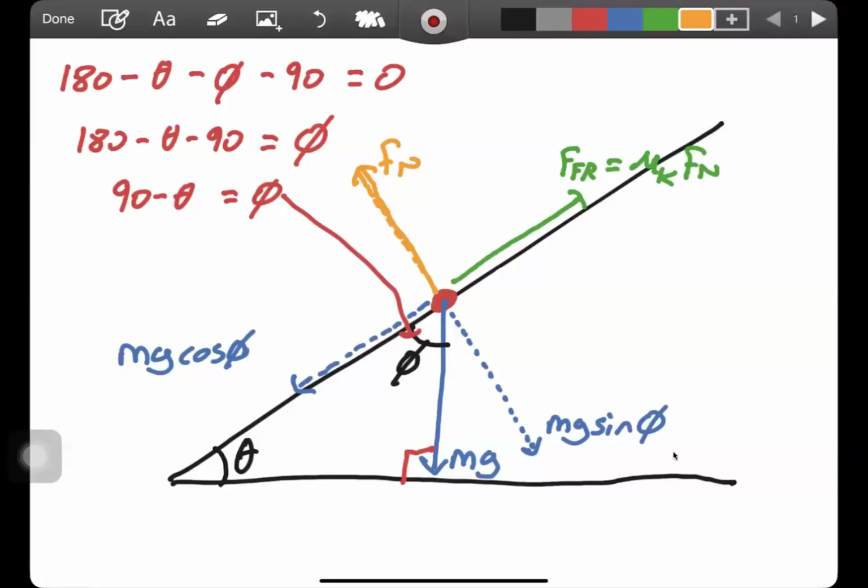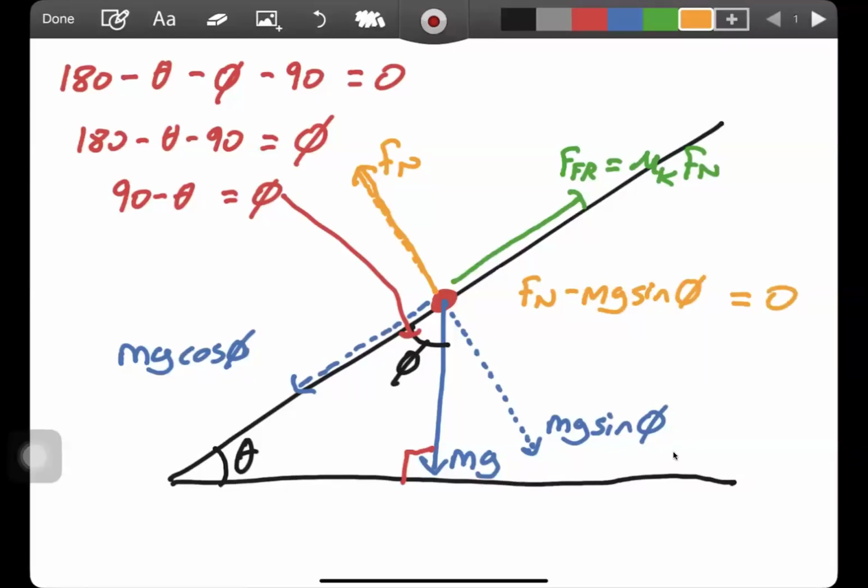Okay. So, like before, we could say if there's no motion that is perpendicular to the surface, then we can say the normal force minus mg sine phi is going to be equal to 0. Okay.